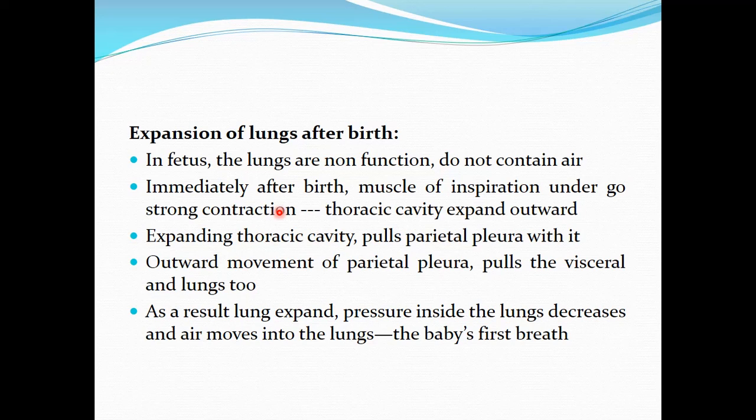Due to the strong contraction of the inspiratory muscles, the thoracic cavity expands outward. The expanding thoracic cavity pulls the parietal pleura along with it, because the parietal pleura lines the inner surface of the thoracic cavity. So, as the thoracic cavity expands, the parietal pleura moves along with it.